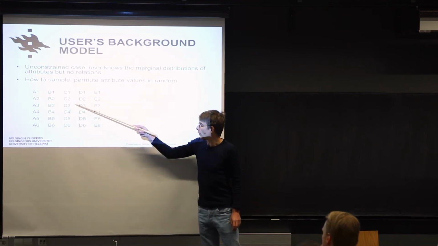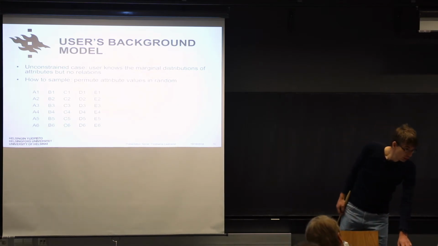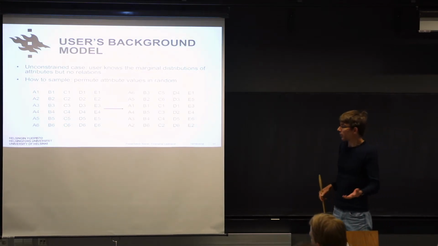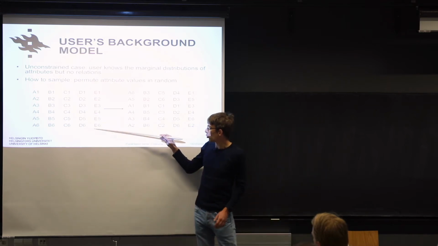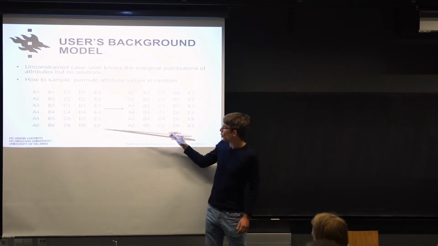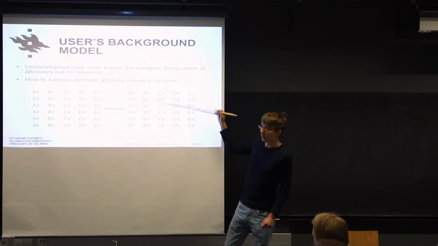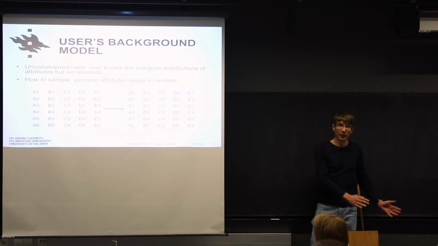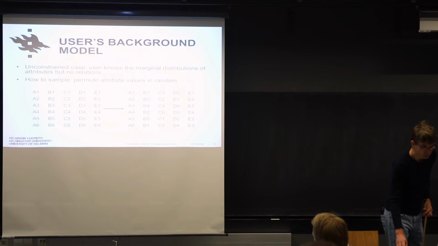So the user doesn't know any correlations or any relations between the attributes. Then the simplest way to have a distribution is one where each data set in which the columns have been permuted at random is equally likely. We can sample from this distribution by permuting the columns uniformly at random.